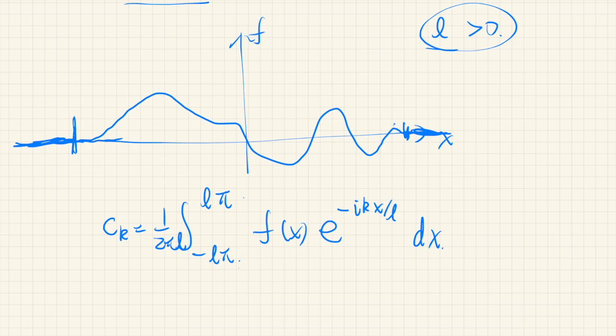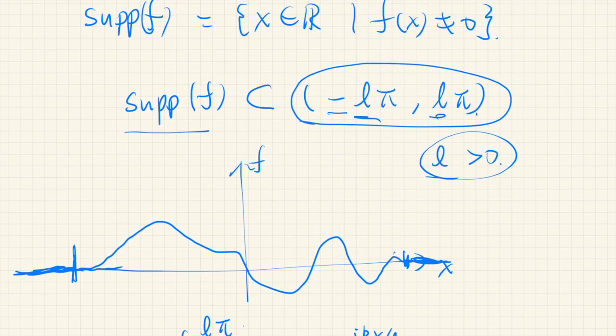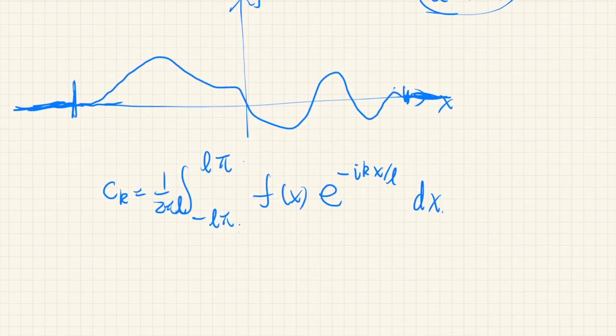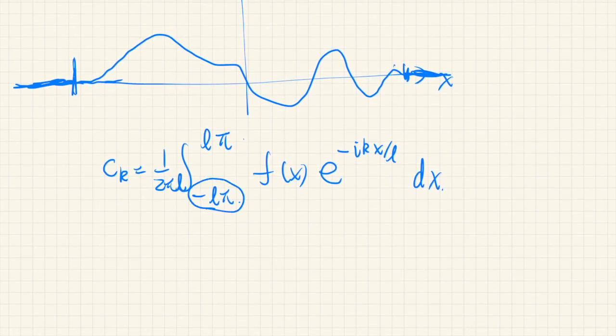Now, since the support is bounded by this, if we extend these limits to negative and positive infinity, the integral doesn't change. So we replace with plus minus infinity here.